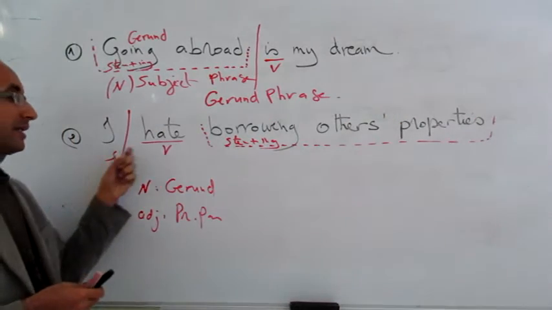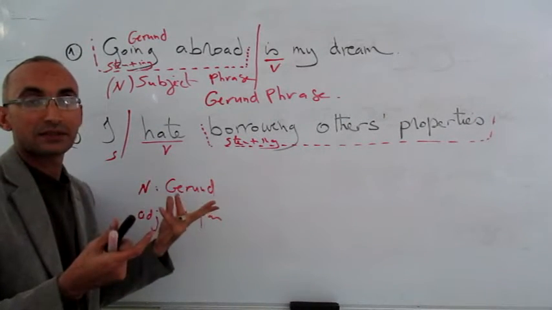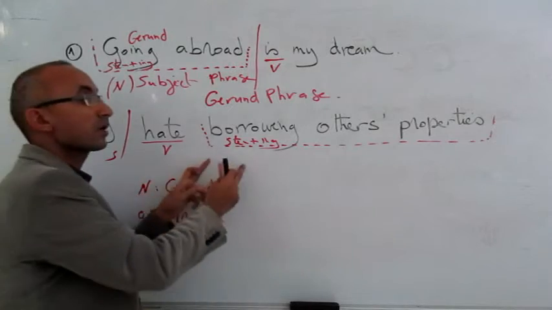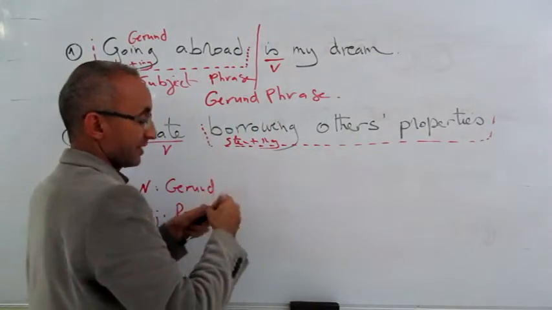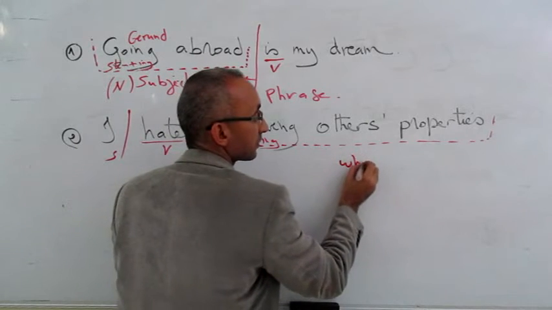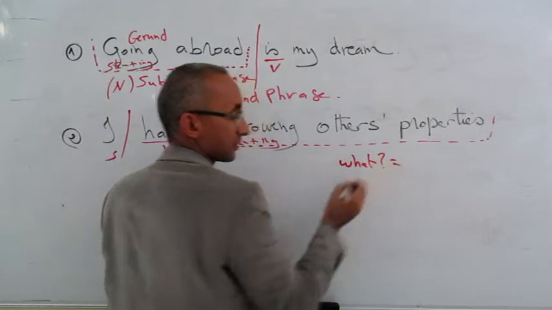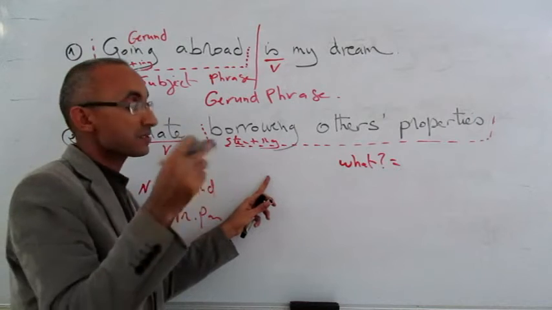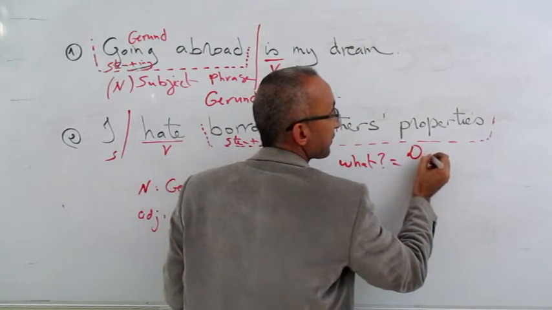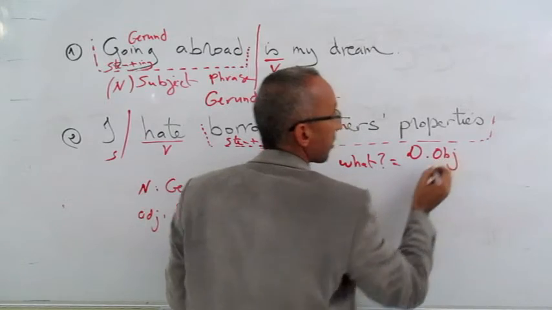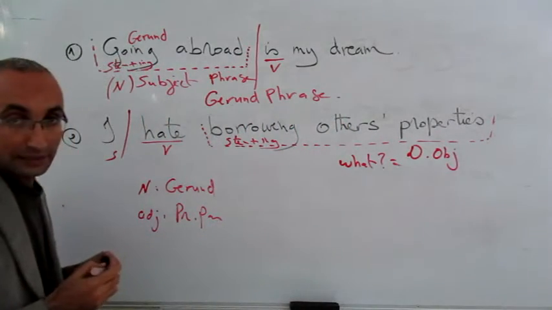I subject, hate verb. I hate what? I hate borrowing others' properties. So all this phrase is the answer of what? And we know that in grammar the answer of what represents my direct object. Clear?